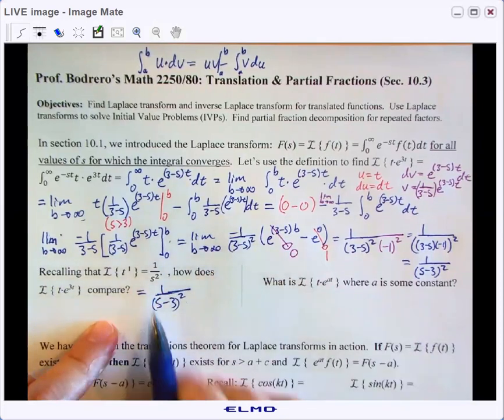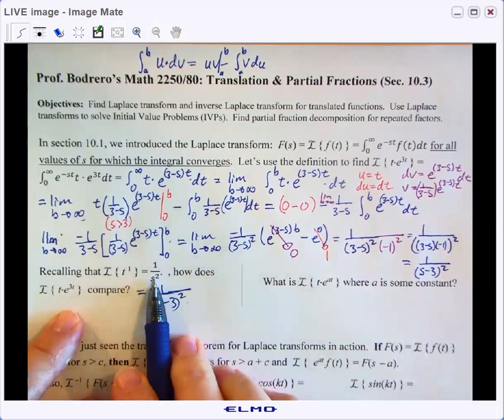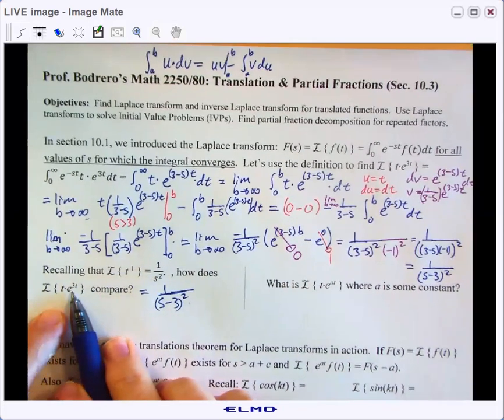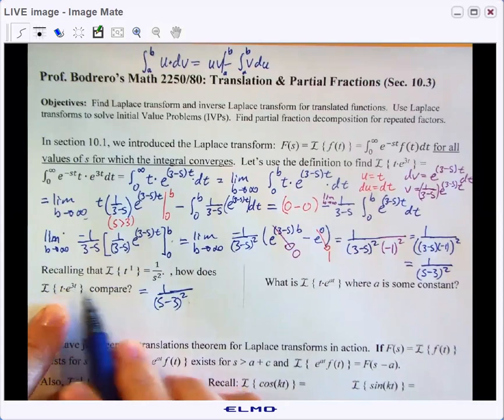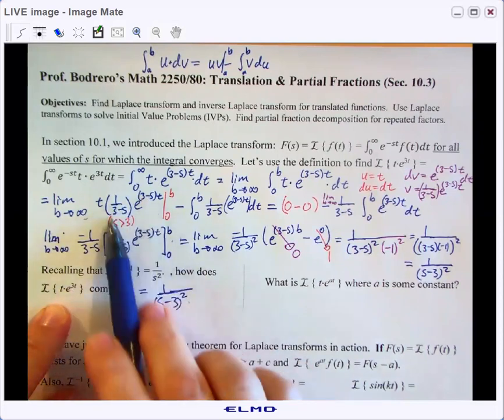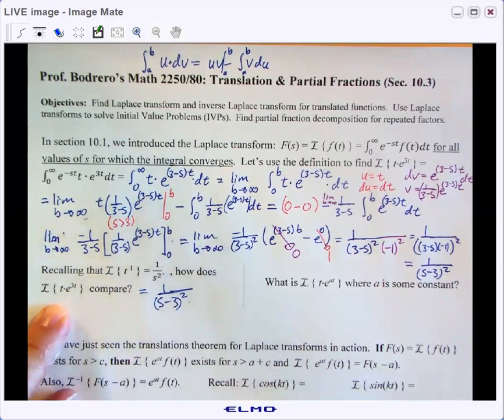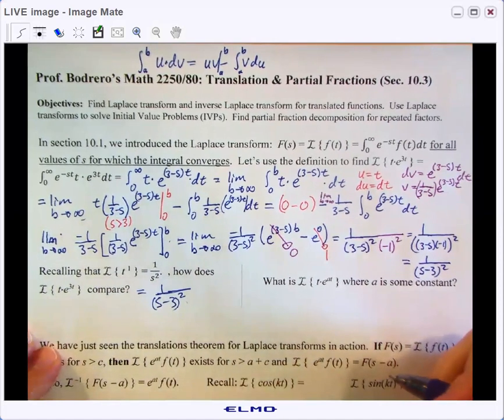So we saw that it's basically of the form 1 over something squared, but we do a translation here because of the multiplication by e to the 3t. And we see that translation occurring in our definition here. So what's the big takeaway I want you to get out of this part of the video?